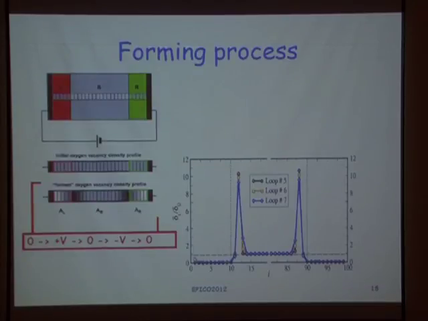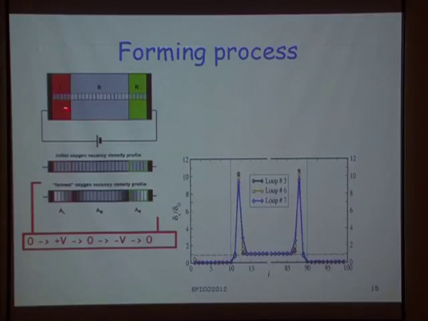So one of the interesting things, as I told you before, is the forming process. You can start with an essentially uniform distribution of vacancies, but for the sample to start to switch back and forth, you need to form the sample. In a way, forming the sample means obtaining an optimal distribution of vacancies. Look here.